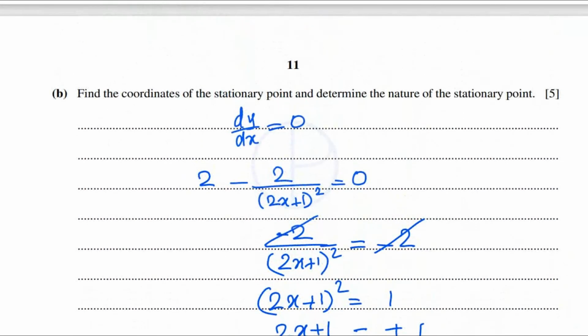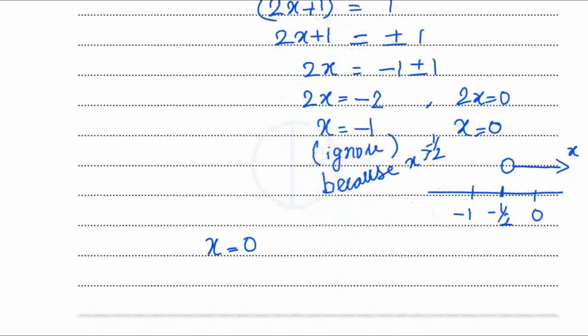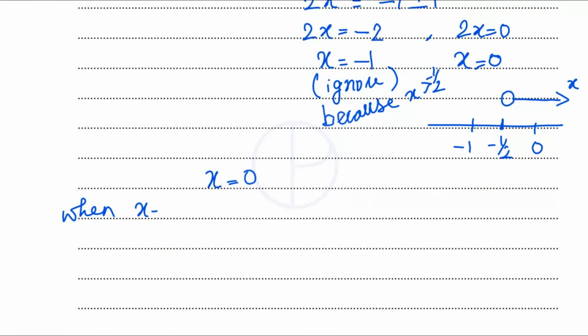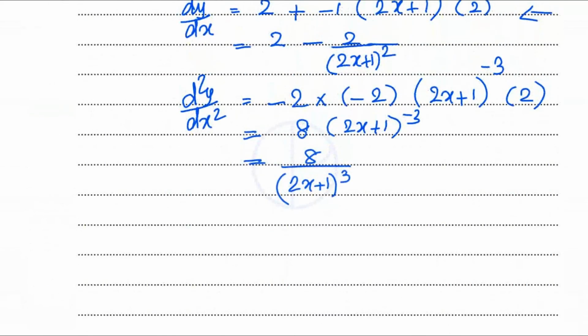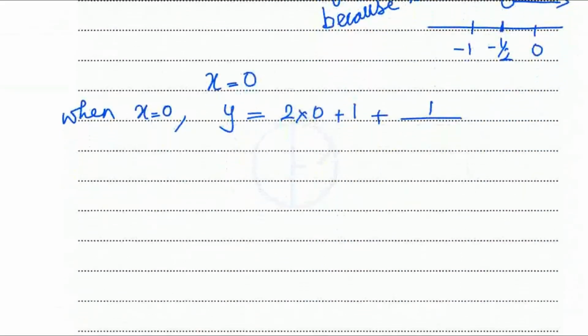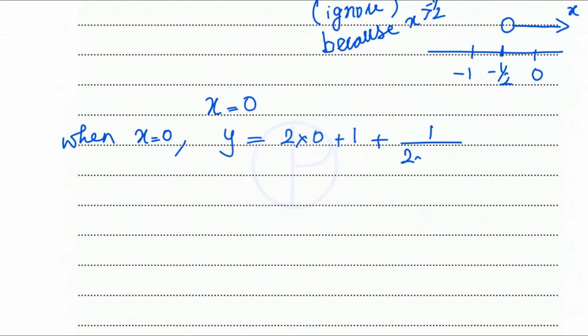So we need to find the coordinates of the stationary point. When x equal to 0, what is y? y is equal to 2x plus 1 plus 1 divided by 2x plus 1, which gives 2. So 0 comma 2 is the coordinates of the stationary point.